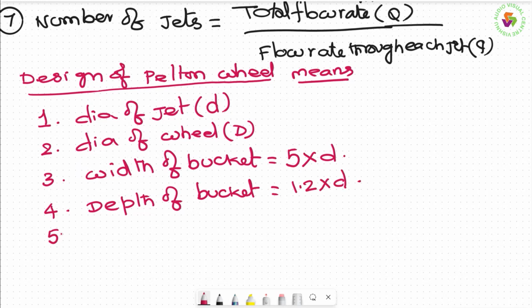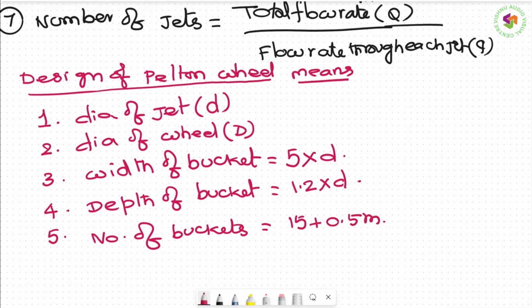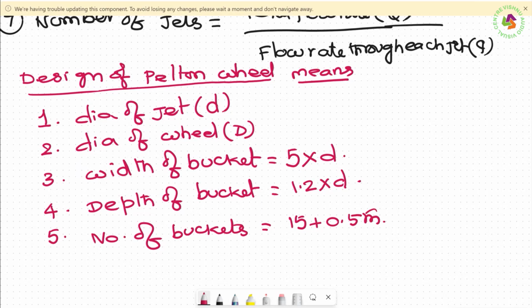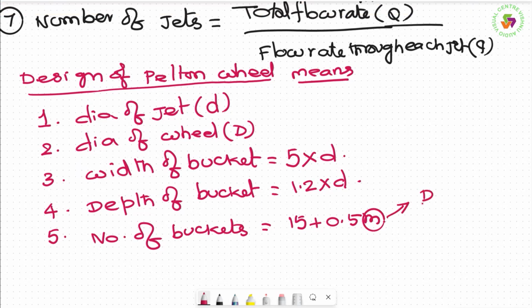Then number of buckets is equal to 15 plus 0.5 into m. You know it already, where m is the jet ratio, which is nothing but capital D by small d.